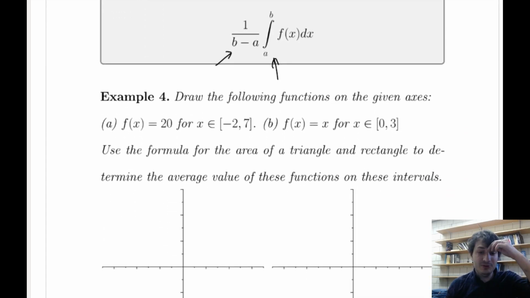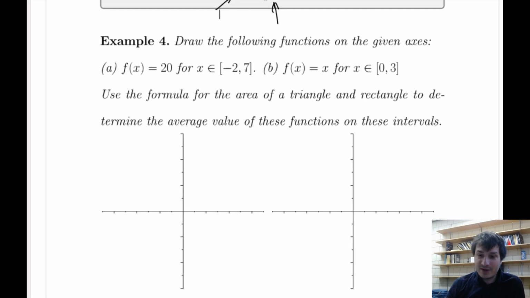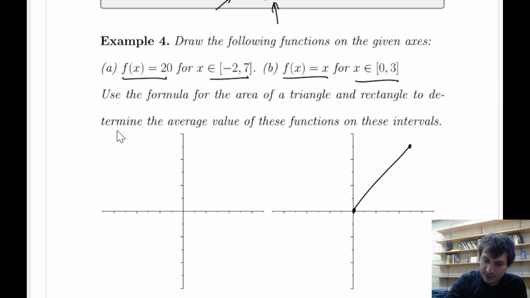Here's one example to do. Draw the following functions on the given axis. There's f of x equals 20 between -2 and 7, and there's f of x equals x between 0 and 3. So here's f of x equals x between 0 and 3, and f of x equals 20.